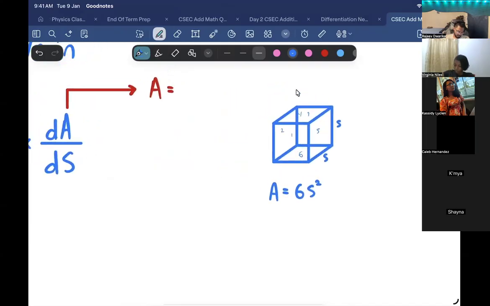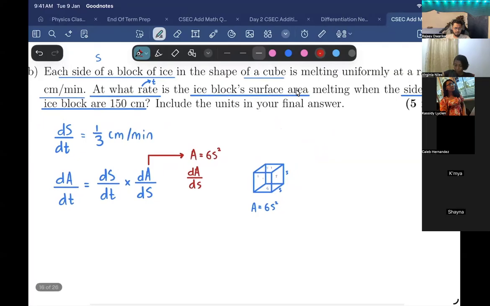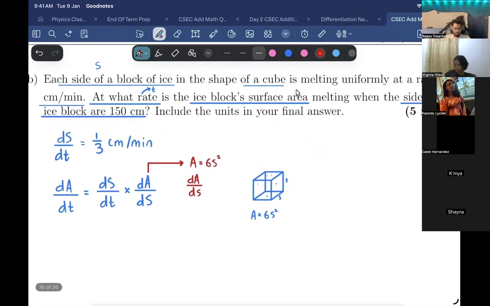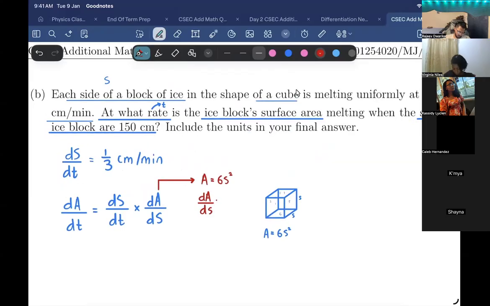So we have to find the first derivative of area. Since A is equal to 6 s squared, dA ds. Wait, you can zoom out for a second. Okay, so dA ds is just... Do the working first, so differentiate it first.